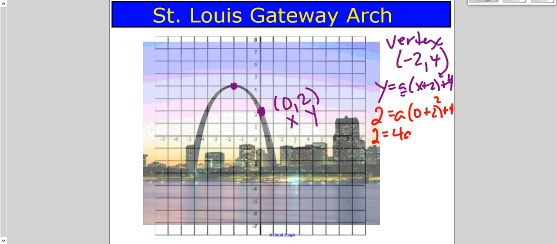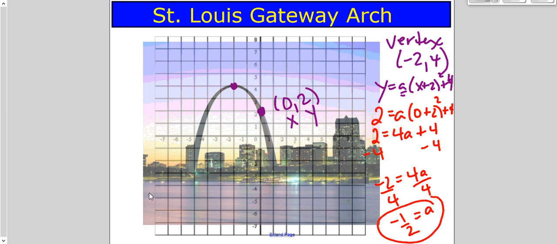So that's going to give me 4a plus 4. I'm going to subtract 4 from each side, which gives me -2 equals 4a, divided by 4, divided by 4. So a equals -1/2, which means that my equation must be y equals -1/2 times (x plus 2) squared plus 4.